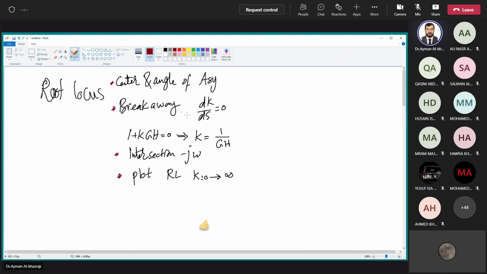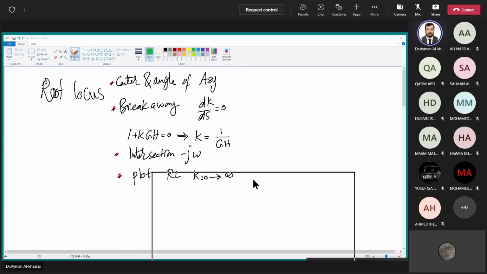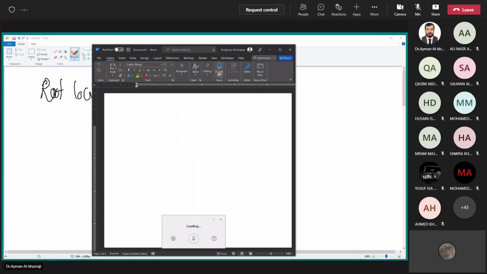Yes. So I have an idea. Let me open the Word file so it can be written easily. Control N, new file. Each student is allowed to bring an A4 summary paper.